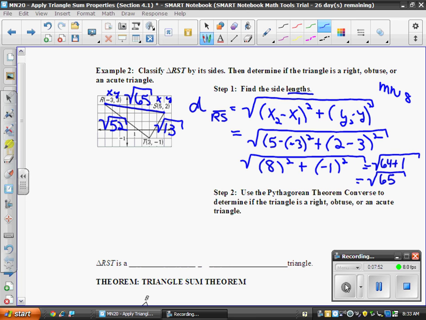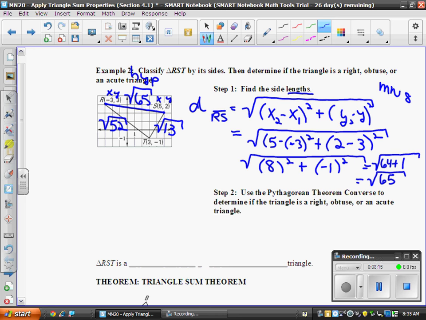If you look at this, the longest side is going to be that square root of 65. If you actually found the decimal approximation for that, it's 8.1. But again, it's easier leaving it in square root form. So the square root of 65 is going to be your hypotenuse because it's your longest side length, and then the square root of 52 and square root of 13 are your leg lengths.